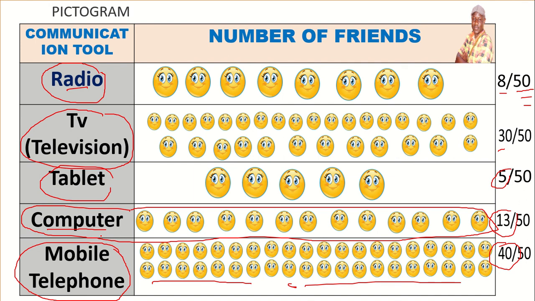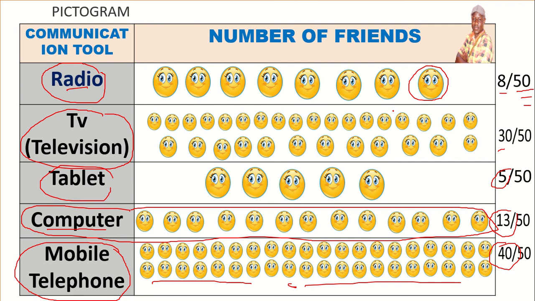But let's go first to page 12, where they said, write the different communication tools used by your friends in column 1 of the following table. They give us a table here, and our friends are represented by these characters there.